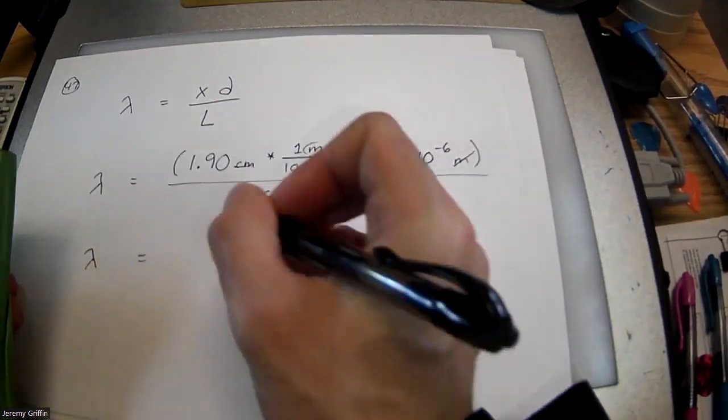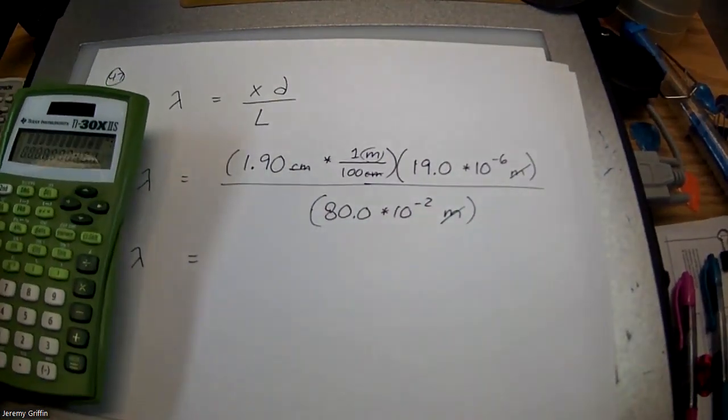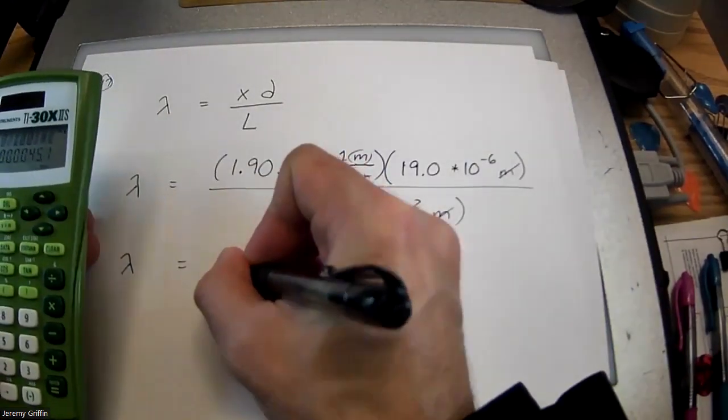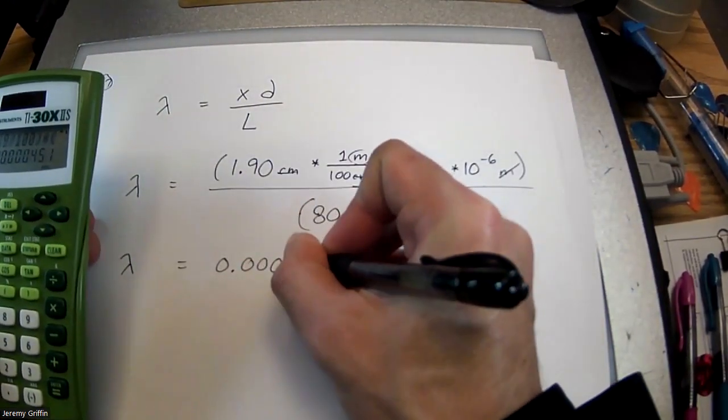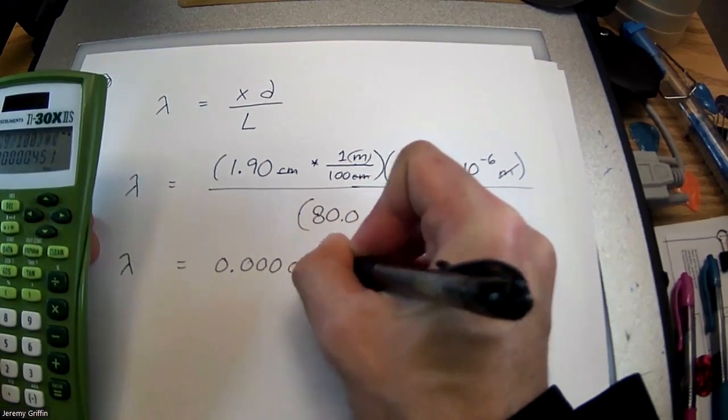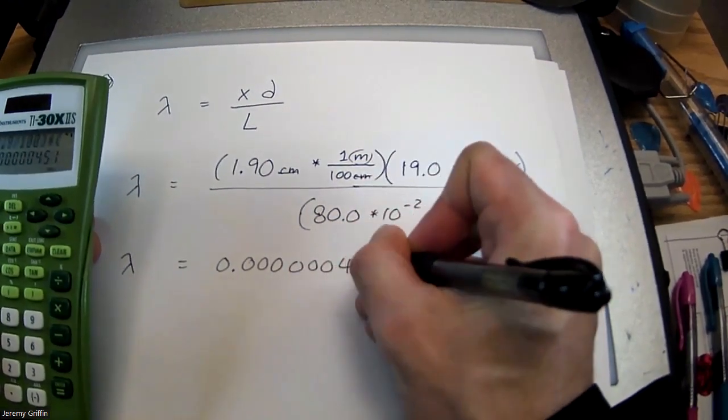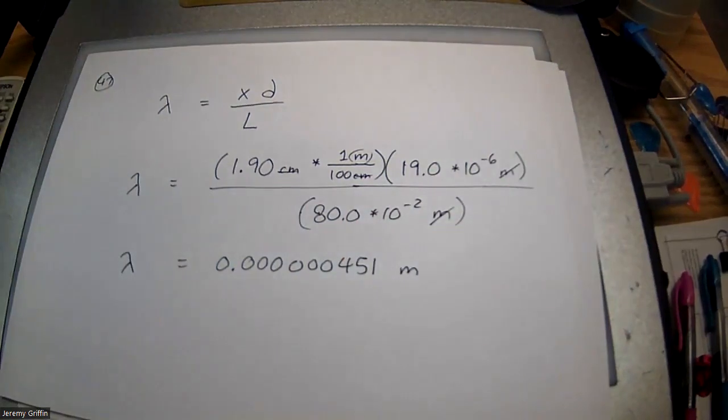And the answer is, oh boy, that is a tiny number: 0.000000451. Remember, the unit is meter.